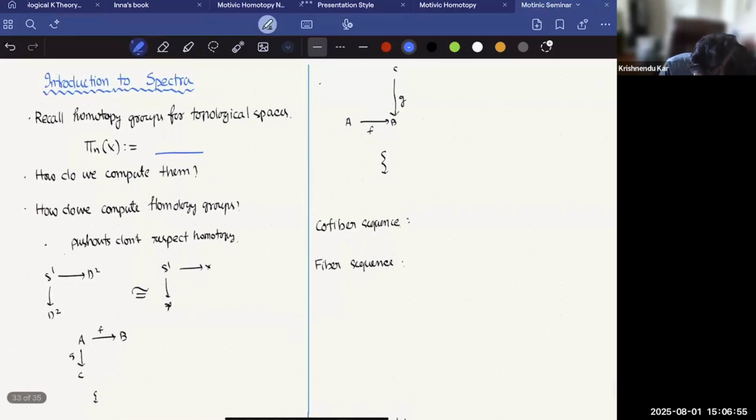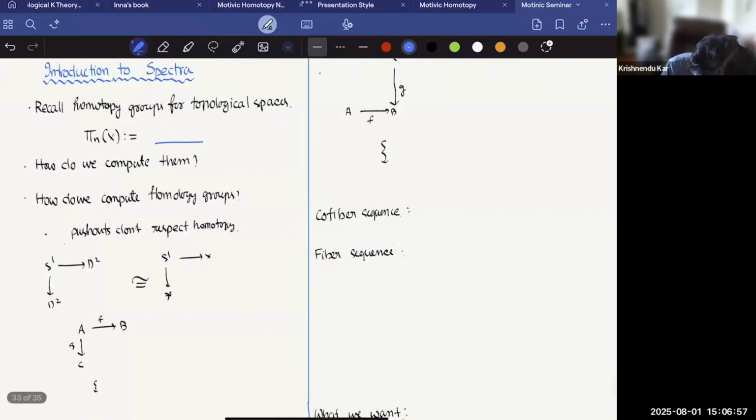The nth homotopy group is defined as follows: you look at all the maps from a pointed sphere to a pointed topological space and take their homotopy classes. That's all. This is how you define homotopy groups. The operation here is that instead of pinching circles, you pinch spheres.